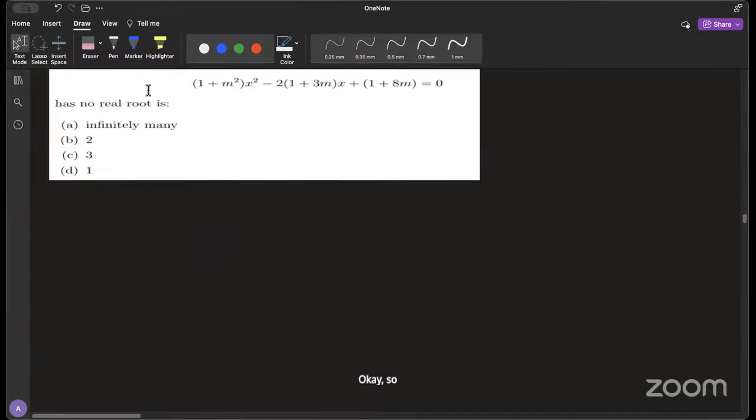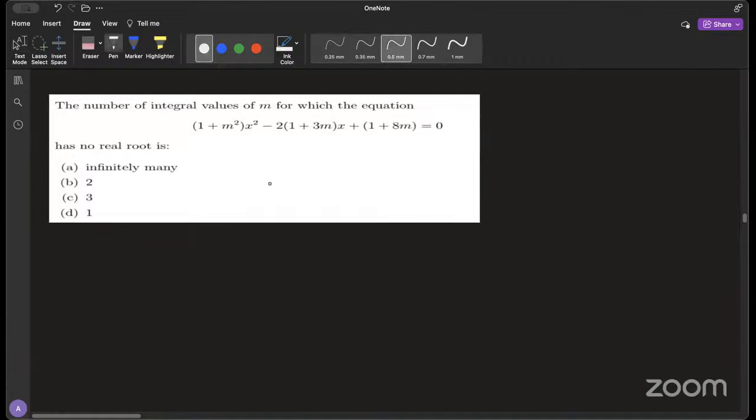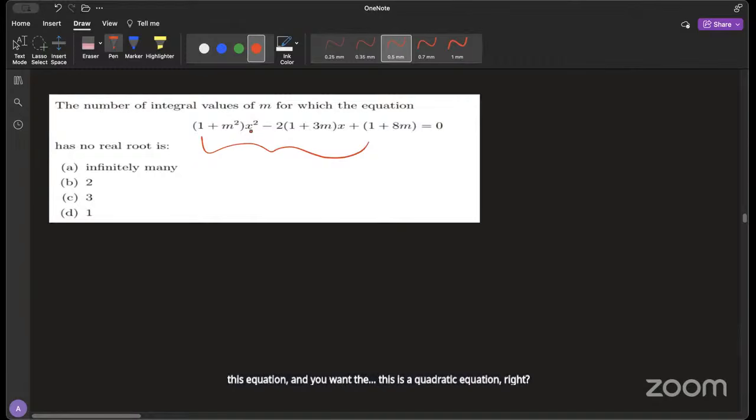Okay, so our next question is this one. Integral values means you only have to find the integer values of m such that this equation has roots. You have been given one equation, and you want the roots. This is a quadratic equation, right?